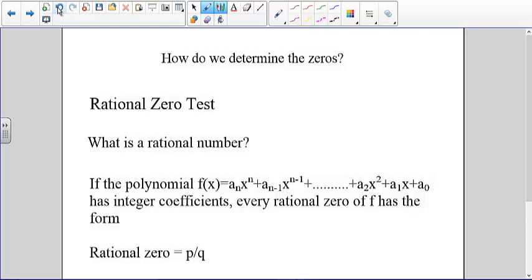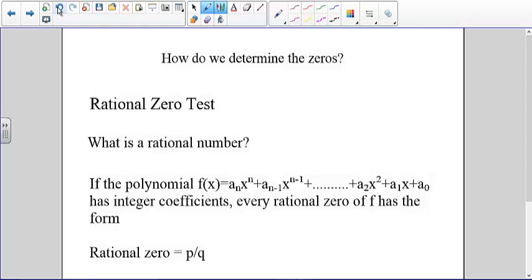Okay, so now how do we determine the zeros? Well, what you basically do is you start with your polynomial, and then you guess at what the zeros might be. And then you can use synthetic division or long division and see if that guess gives you a zero remainder.